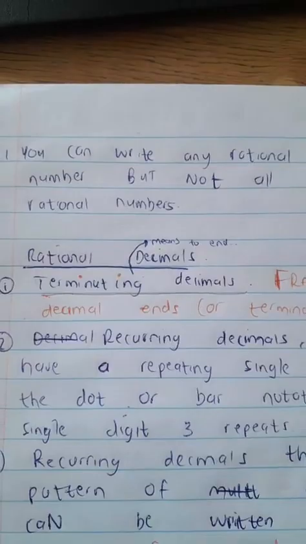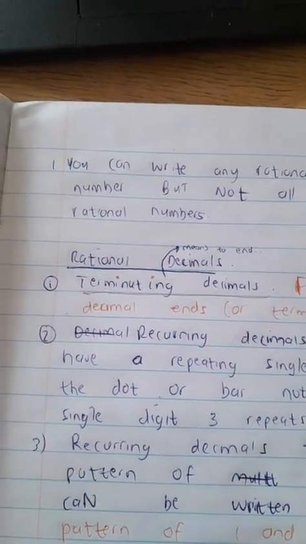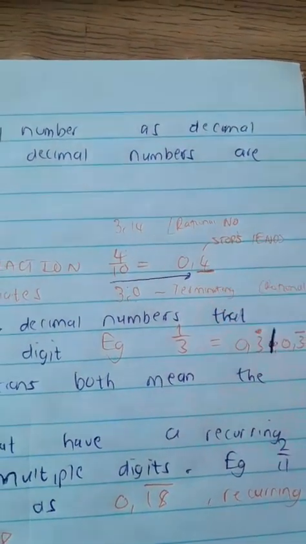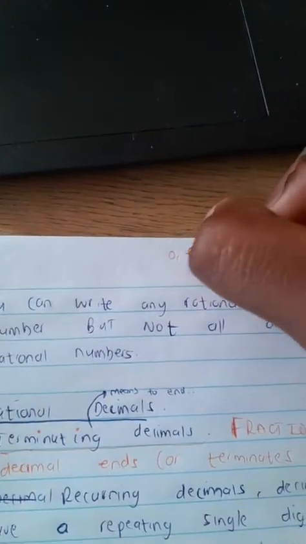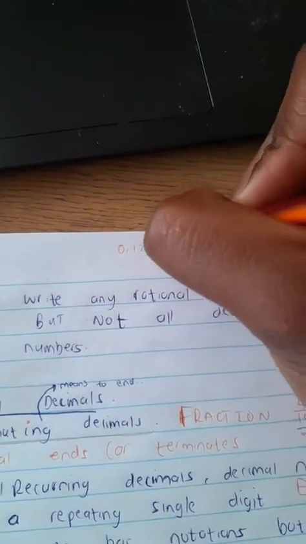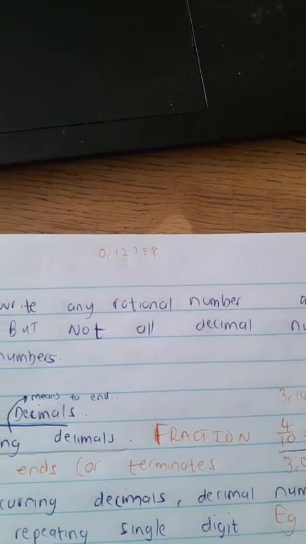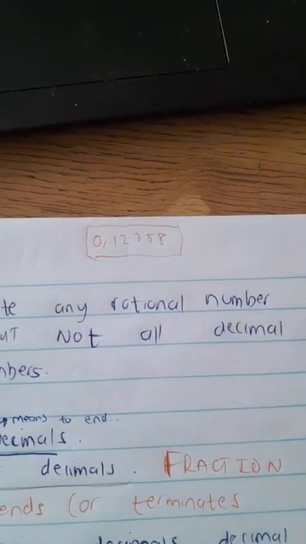If you look at their decimals, they terminate. In other words, the numbers after the comma, they don't go on forever. They actually stop at some point. Whether that be 0,1, 2, 3, 5, 8, and it stops, there's no continuation, this is also called a terminating decimal. Okay?